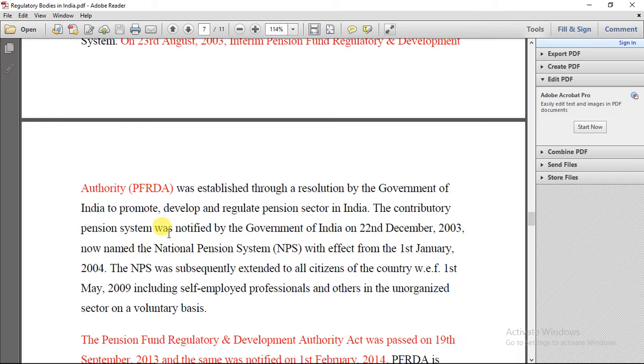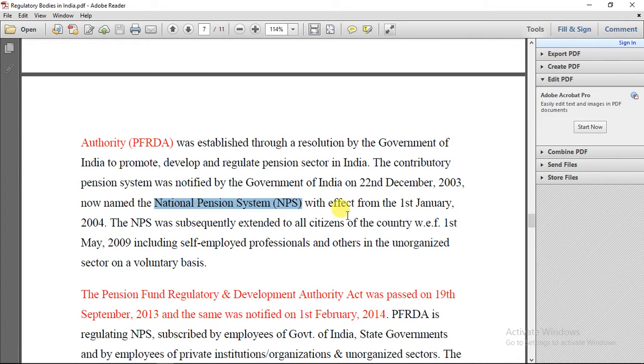The contributory pension system was notified, which is very important. It was notified by the Government of India on 22nd December 2003, now named the National Pension System or NPS, with effect from 1st January 2004. So the NPS year is 2004.